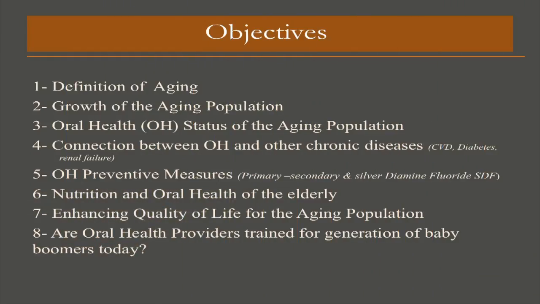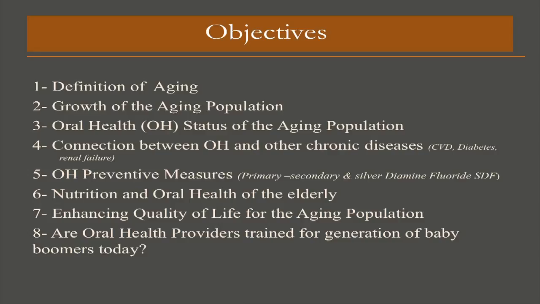The objectives include definition of aging, growth of the aging population, oral health status of the aging population, and the connection between oral health and other chronic diseases such as cardiovascular disease, diabetes, and renal failure.